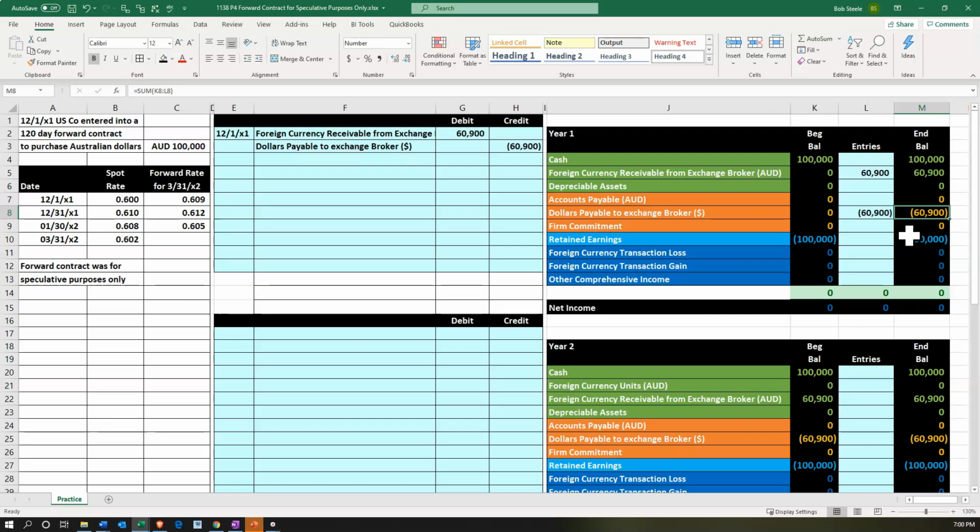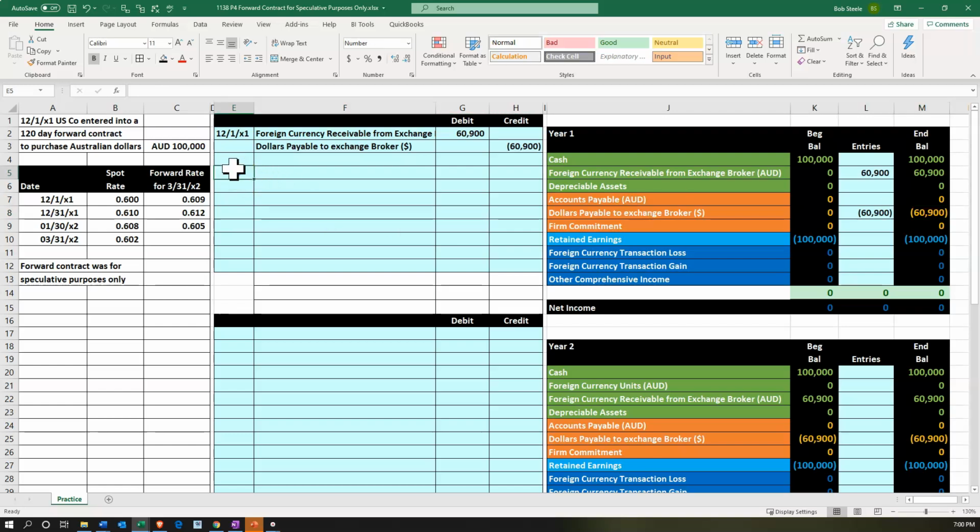So this speculation is hoping that the Australian currency gets stronger in relation to the dollar by the end of the 120 days, so that when we get paid the 100,000 in Australian currency, it will be worth more than the 60,900 in cash in US dollars that we will be paying.